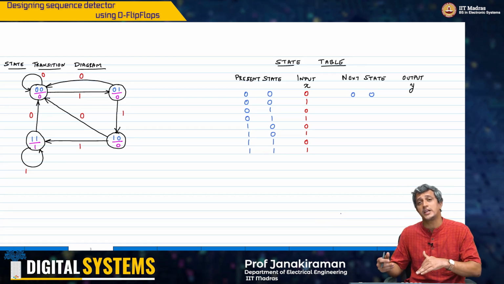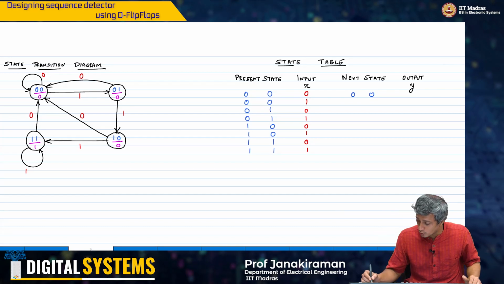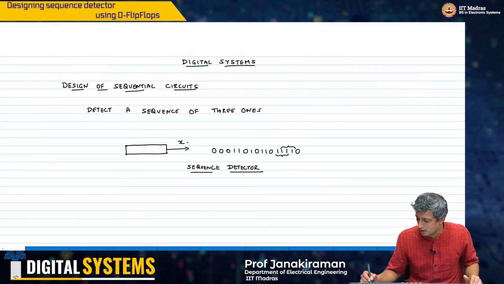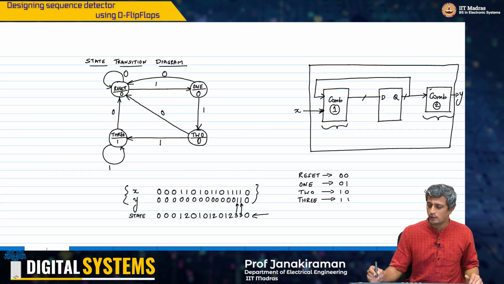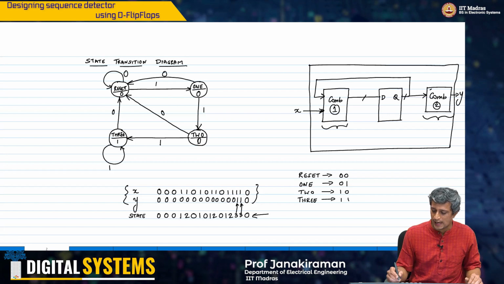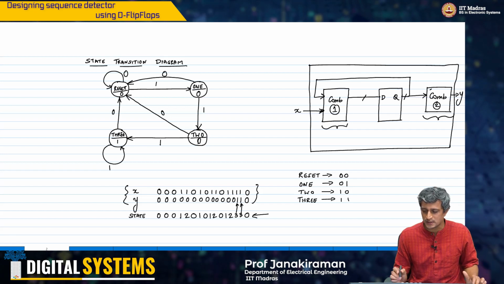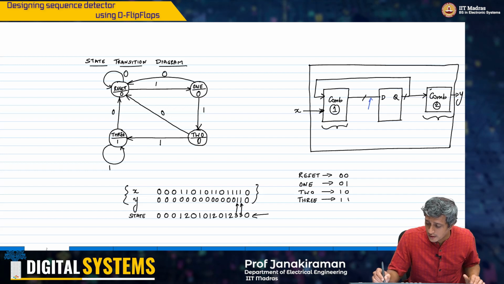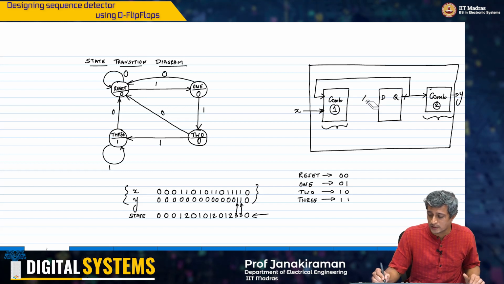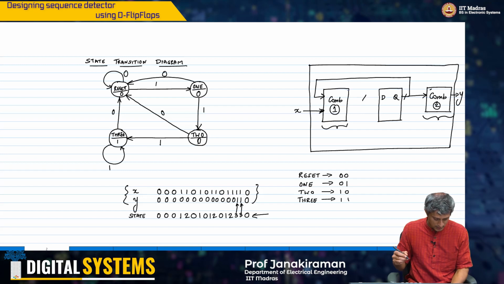Now we are given the next state, we need to figure out the input to the flops. Really, that's what the story is, right? So we have the next state given to us, we need to figure out this input here. Okay, that's the basic idea.